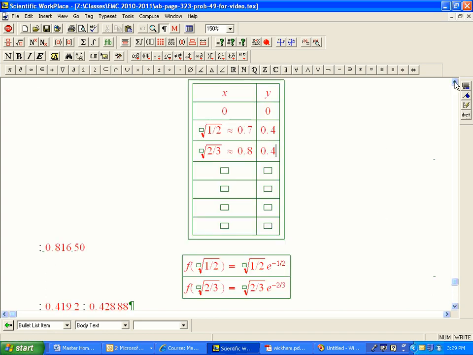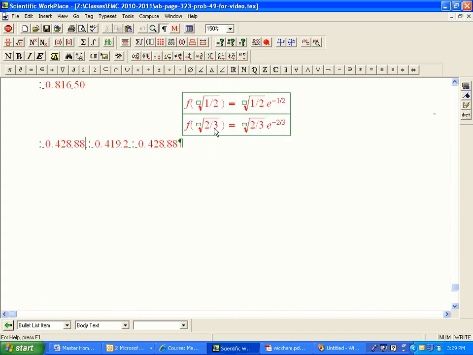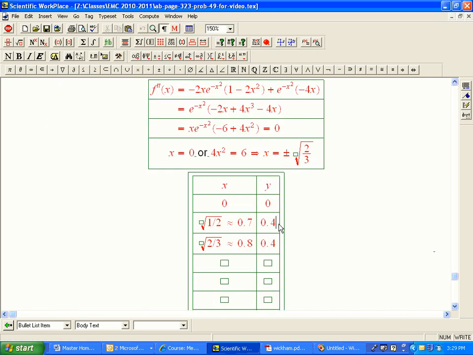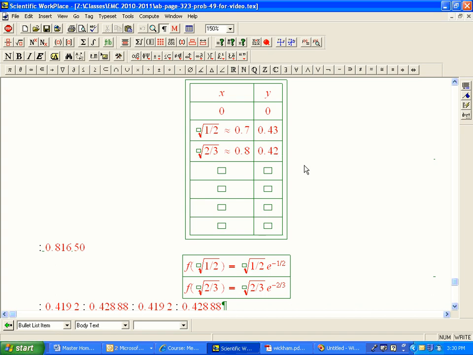What's going on there? They're pretty close. They should be pretty close, but this guy should be bigger. Let's see. Do I trust the computer here? Oh, that was 0.43. Oh, I see, I was just reading them in the wrong order. They are pretty close. So this one is 0.419. So this is about 0.43, and this is about 0.42. It's really quite close to each other. That's interesting. I didn't know they were so close. But I think that is accurate.